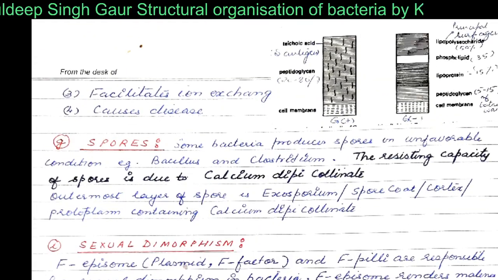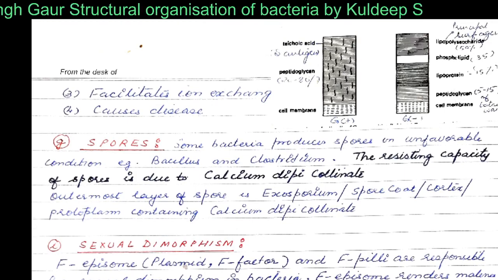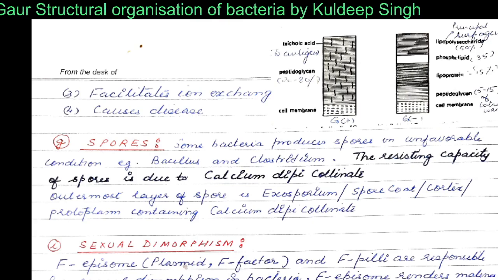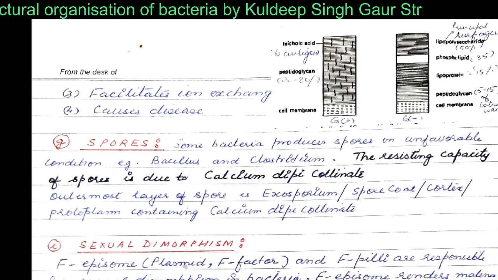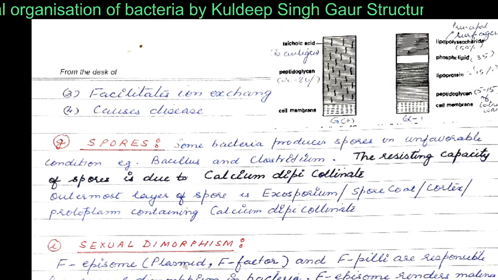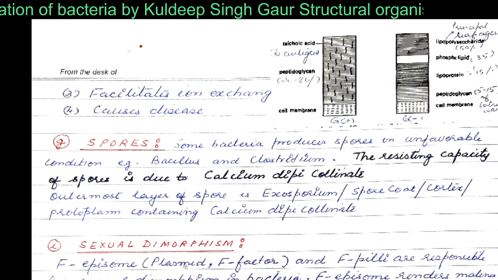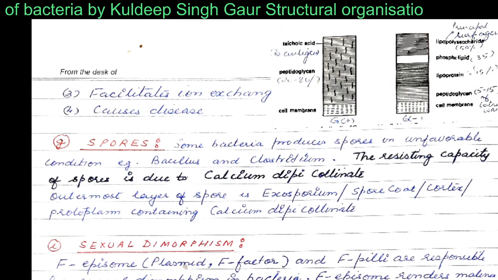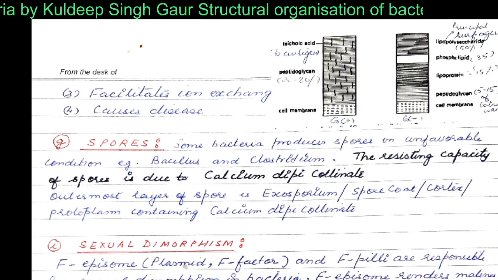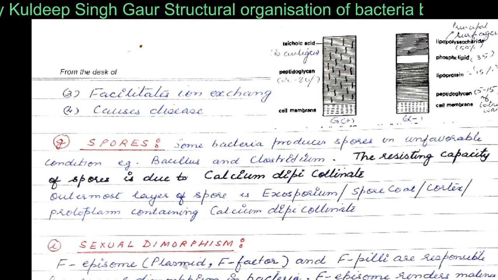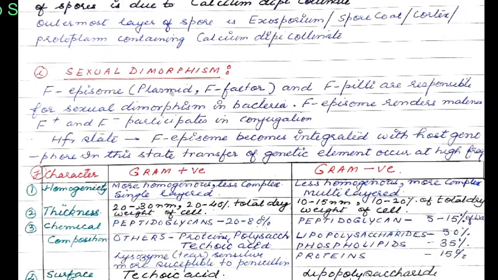You just see this diagram at the top left, that the gram positive bacterial cell wall is very homogeneous, whereas you can see the heterogeneity of the gram negative bacterial cell wall. In gram positive bacteria, you see a cell wall laid upon the cell membrane, and it is made up of peptidoglycan, contributing up to 80%. Then we have teichoic acid also in the gram positive bacteria.